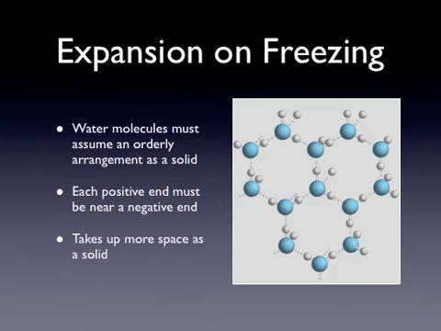Water molecules do this because in order to freeze into a solid, they must assume an orderly arrangement. This occurs because each positive end of a water molecule must be near the negative end of another water molecule. As a result, the orderly arrangement of the water molecules in ice take up more space than they would as a liquid.